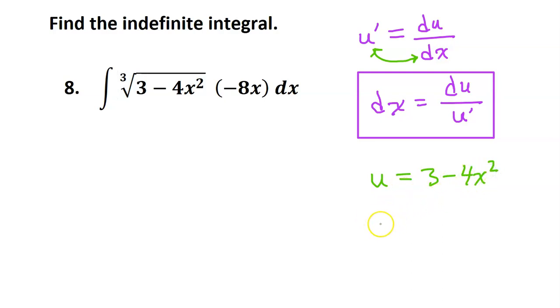Now, the next step is crucial. We also need u prime, which you see right here. So we take the derivative of this. The 3 goes away. 2 times negative 4 is negative 8. We reduce the power by 1, so we get negative 8x.